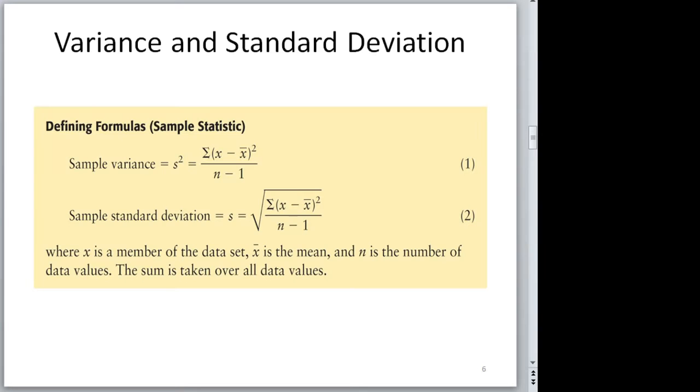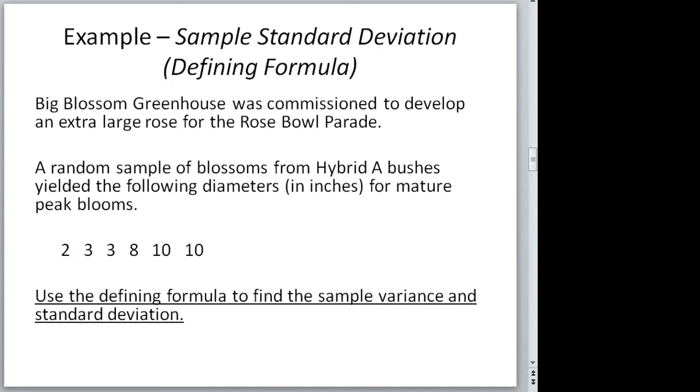Okay, let's try this example. Big Blossom Greenhouse was commissioned to develop an extra large rose for the Rose Bowl parade, and they are trying different hybrid roses.